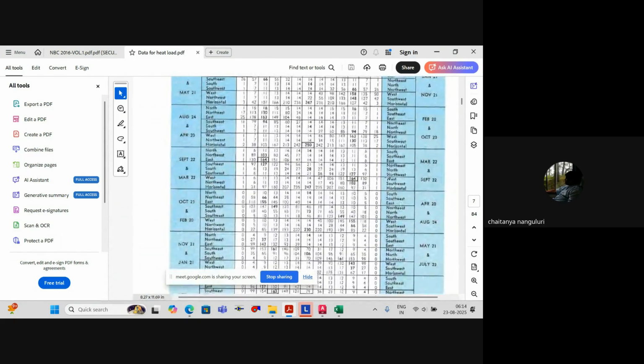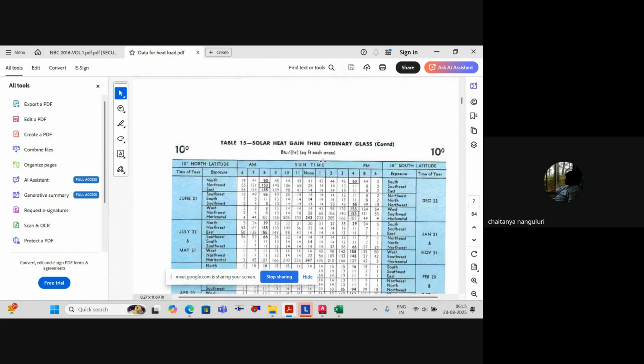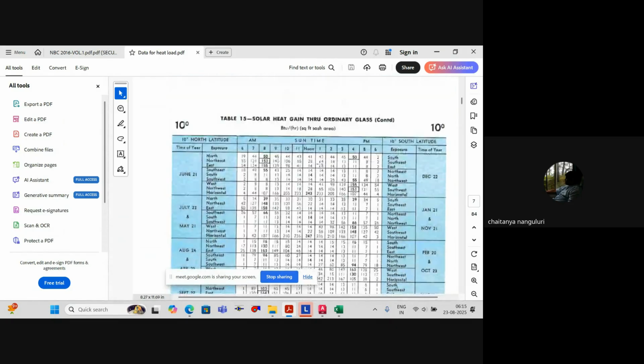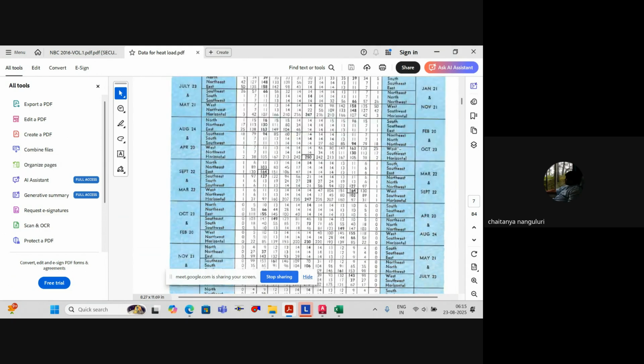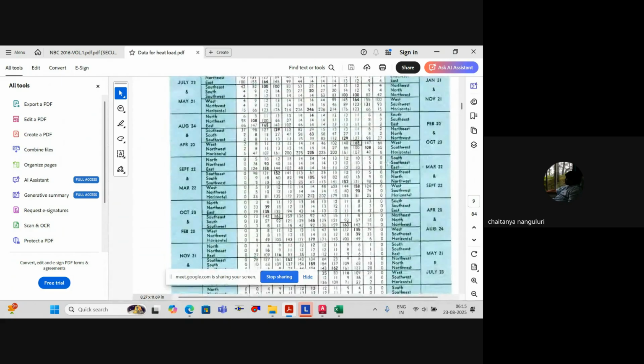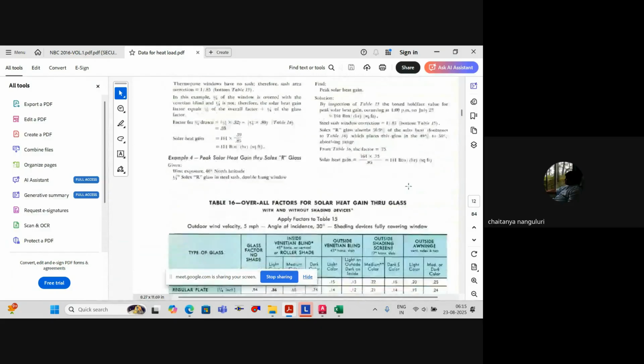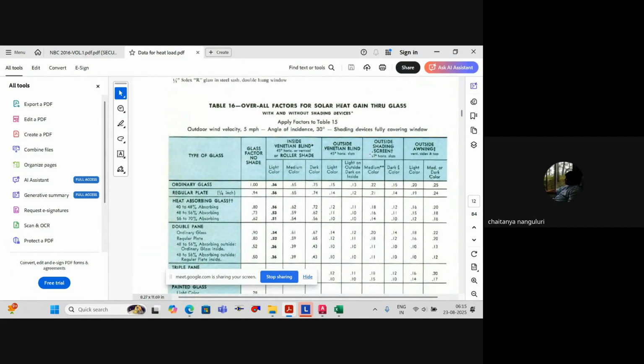This sheet will give you the solar heat gain through ordinary glass, that is your delta T value. And the U factor of the glass we have to calculate. Yeah, you can see it: overall factors for solar gain through glass.